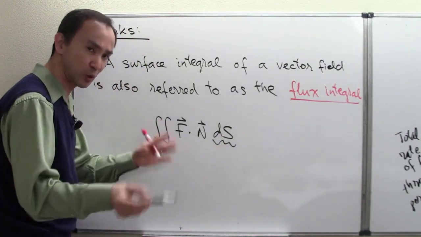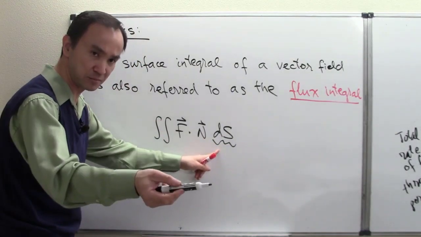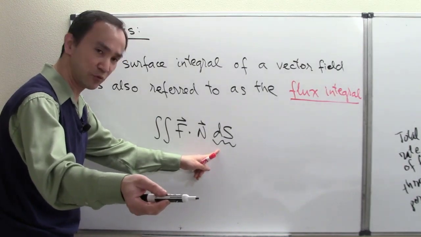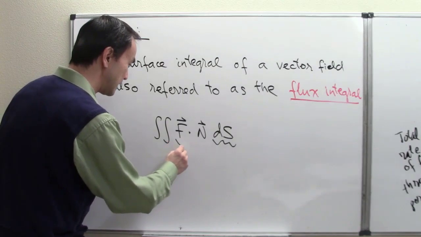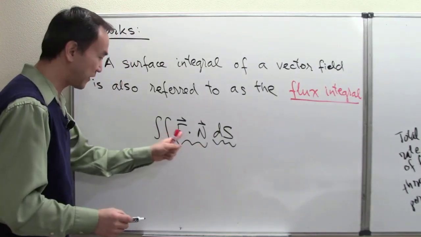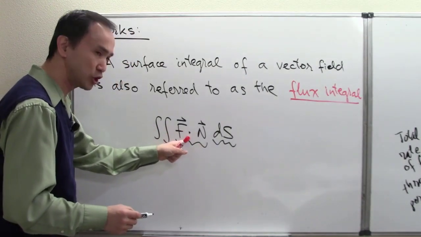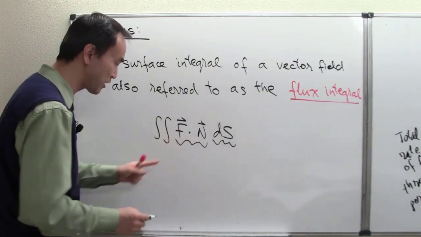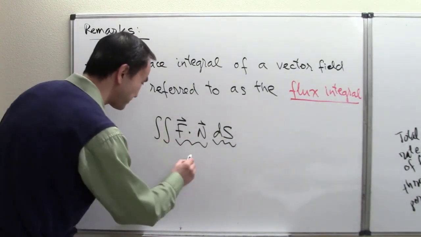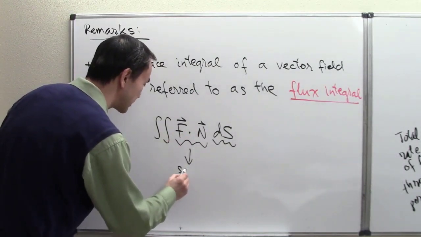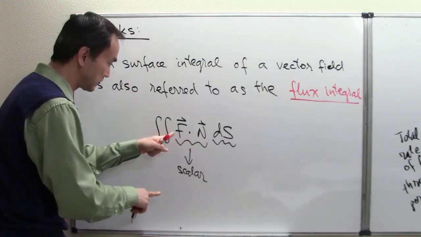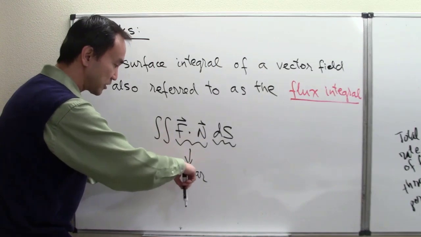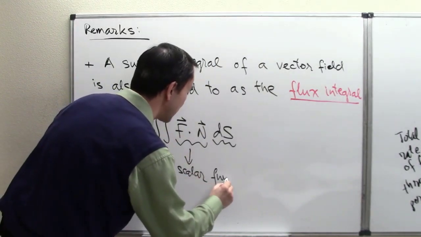That's the usual dS, the subpartition of the area that we know from calculating the area of a surface. In the end this quantity, even though it's vectors, is a dot product between vectors, and a dot product will come out being a scalar. And these are all functions of the three variables, so taking the dot product, it's going to come out being a scalar function.